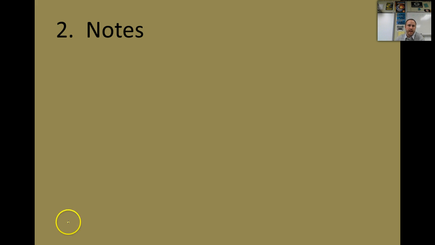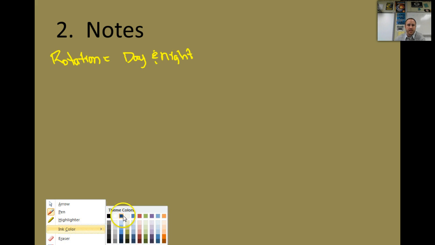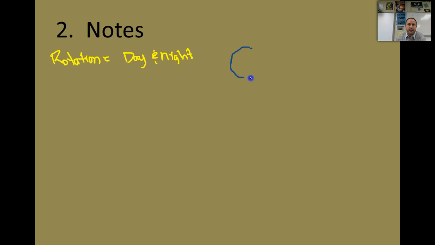So let's take a look at rotation. You guys are probably already familiar with the fact that the Earth is rotating, and it is what causes our day and night. So if this is our Earth, the fact that it is turning causes us to have day and night.